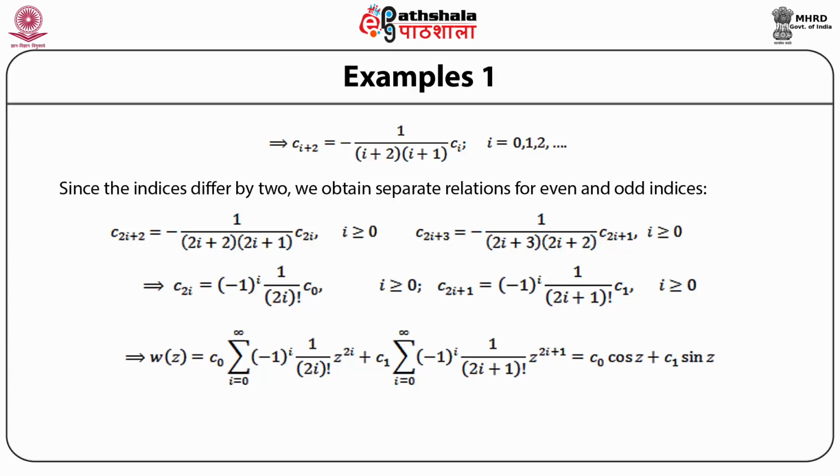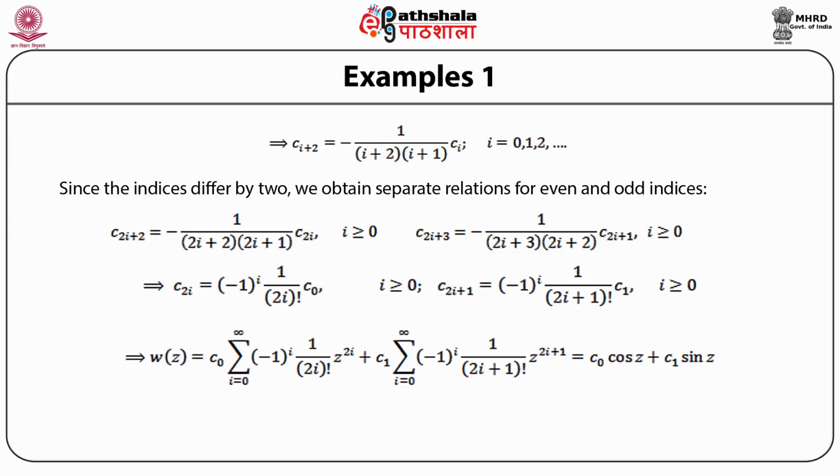This is for i greater than or equal to 0. The other expression is c_(2i+3) is equal to minus 1 by (2i plus 3)(2i plus 2) multiplied by c_(2i+1) for i greater than or equal to 0.